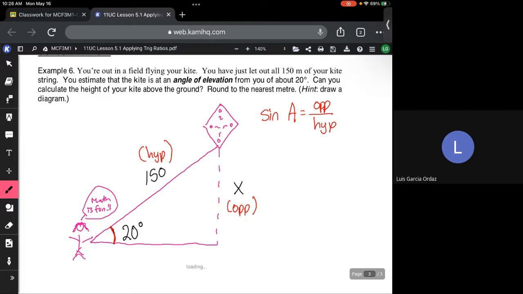We know my angle is 20 degrees. The opposite is x and my hypotenuse is 150. How do I leave x by itself? Yeah, multiply both sides by 150.